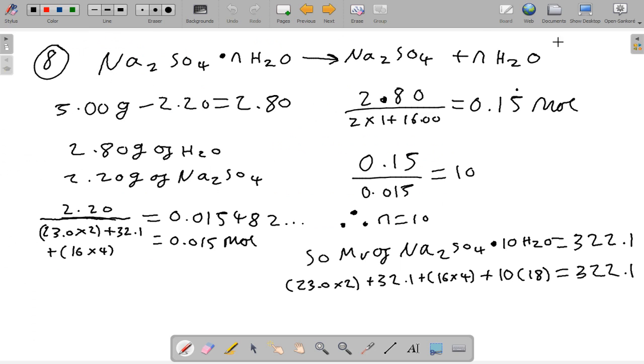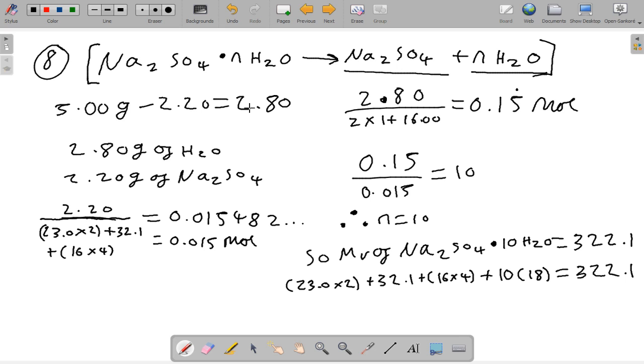So, it's always nice to start off with an equation for these ones. So if we write out Na2SO4.NH2O equals Na2SO4 plus NH2O, it doesn't actually go like this, but once you heat, you always get that.